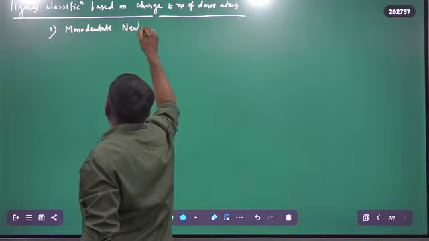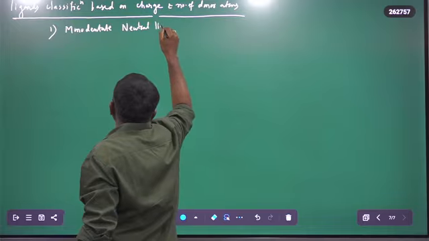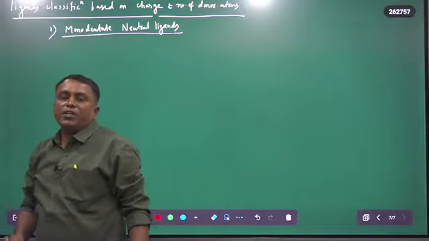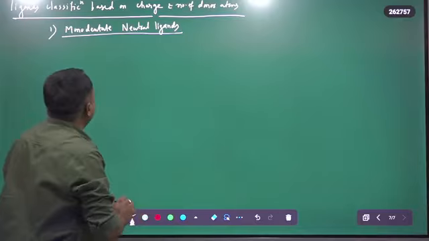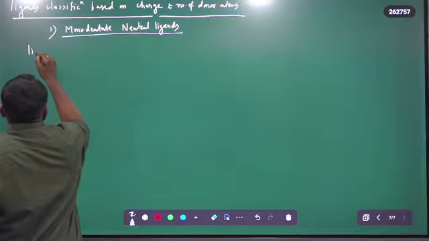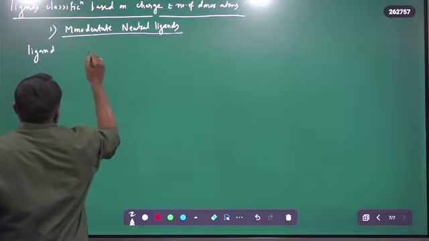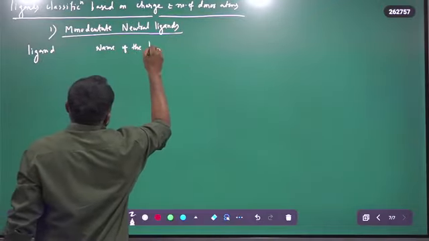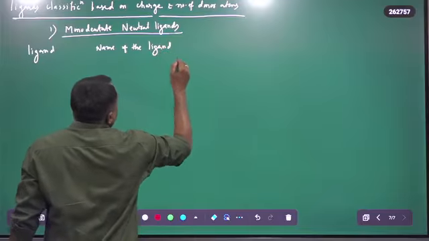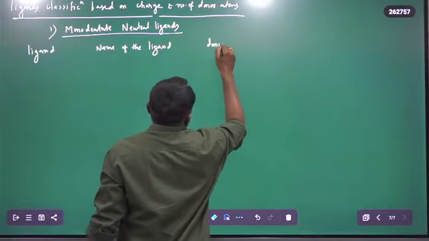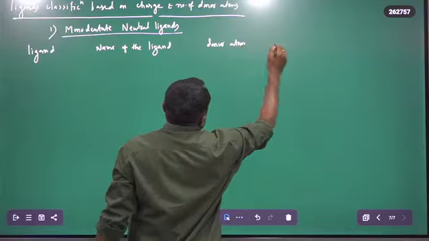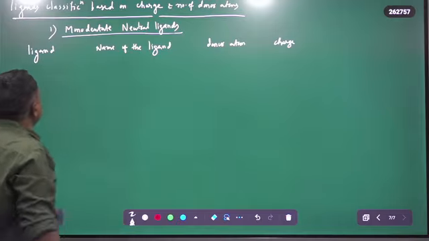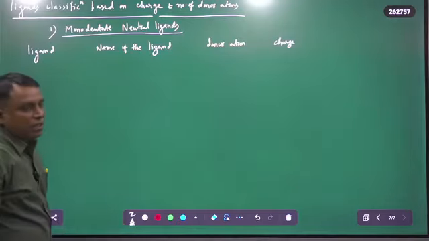In the monodentate neutral ligands, we have the ligand and the name of the ligand, and next is the donor atom and charge. The charge is neutral. So first it is monodentate neutral ligands.